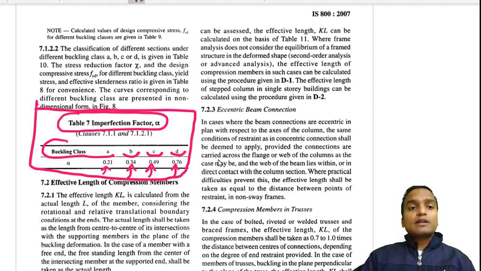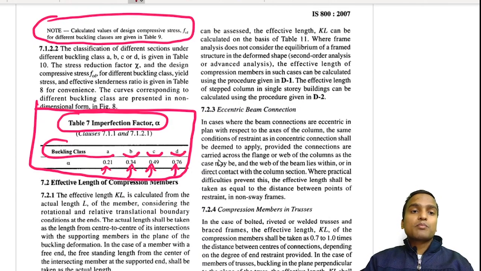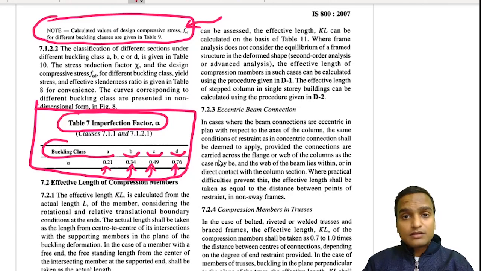Now this important note is given here, and if you read this note, then you will understand the tabular approach importance. And it is said that all the calculated values of design compressive stress FCD directly is given for different buckling classes in table number 9.